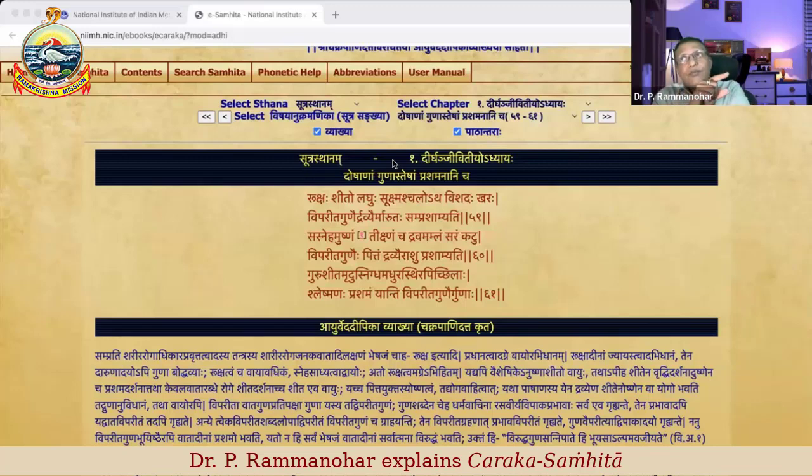See, snigdha guna in little quantity actually is increasing agni. It's like the fuel. When you are lighting a lamp, if the oil is there, then the lamp will burn, right? If you pour too much oil on the fire, the fire will get extra.